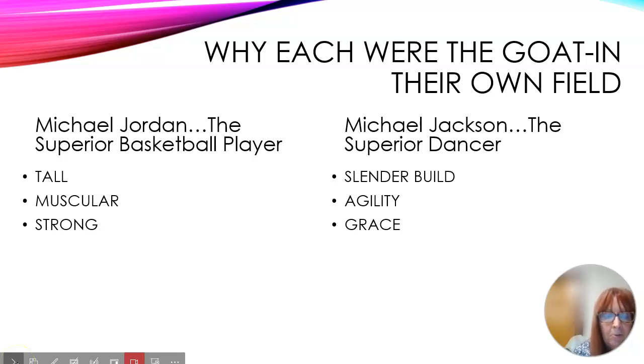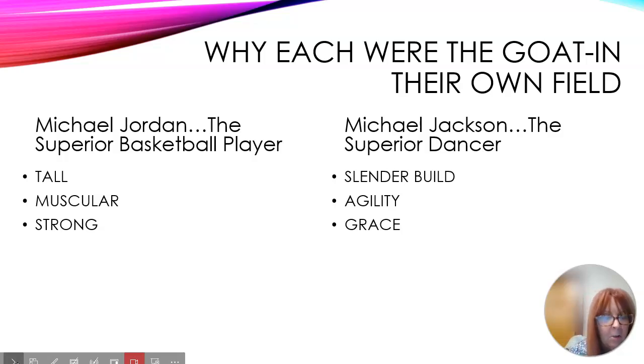So one thing that you'll see as a result of that video is they were both great at what they do, but when they tried to do what the other does best, they kind of sucked. Okay. So we might think about why that is. What made one a superior athlete versus what made the other a superior dancer?